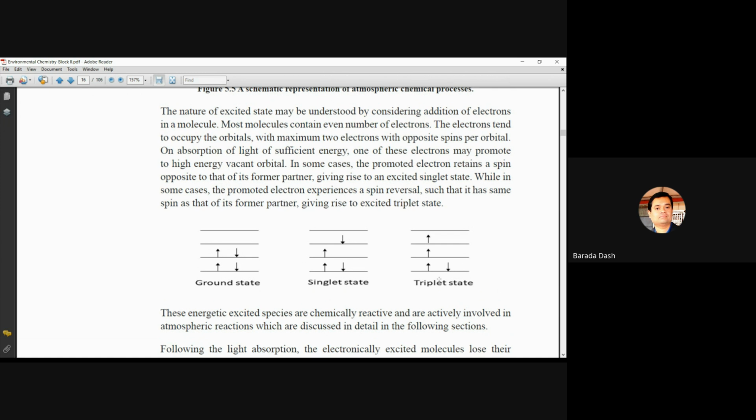But in the triplet state, the first state has electrons with opposite spin, the second state has an electron with only one spin, and the third state has the electron in the same spin. So for different states, the electron spin varies.